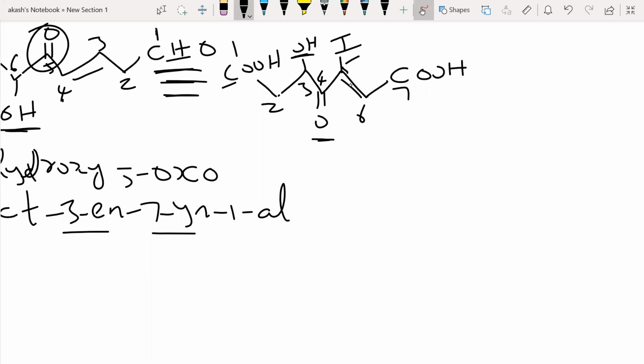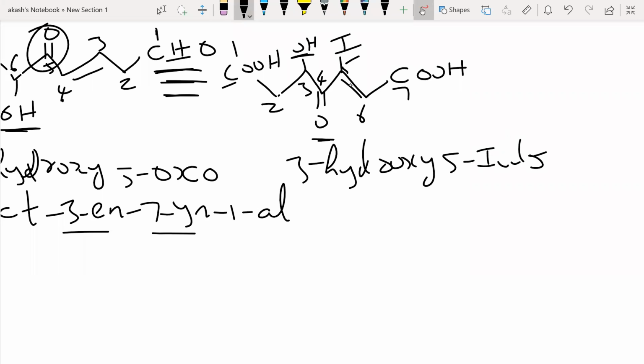Again, alphabetical order. You have to write the prefix part. Hydroxy comes first, so it's going to be 3-hydroxy. Then iodine, 5-iodo.